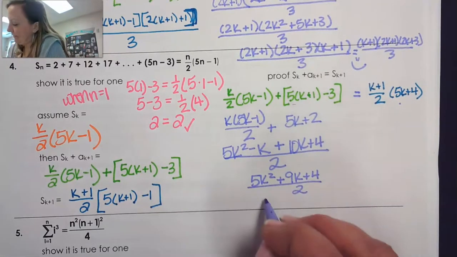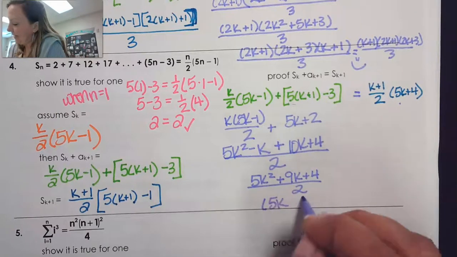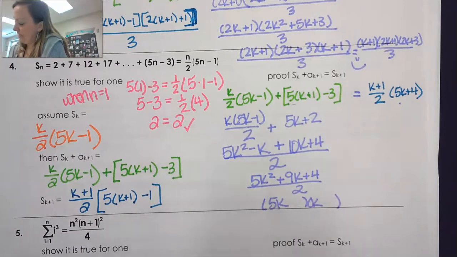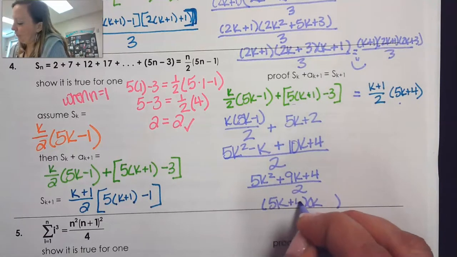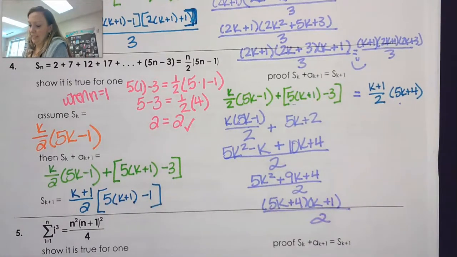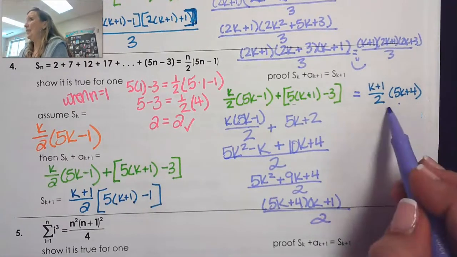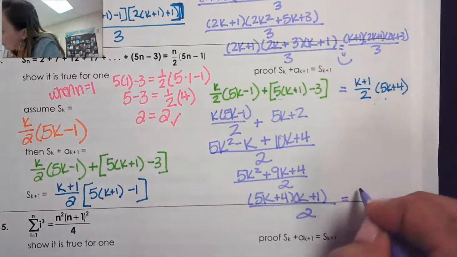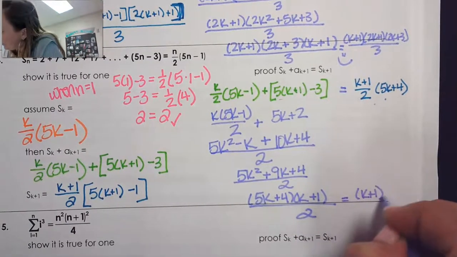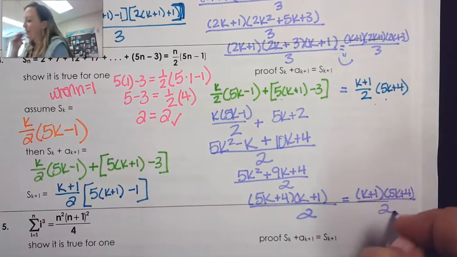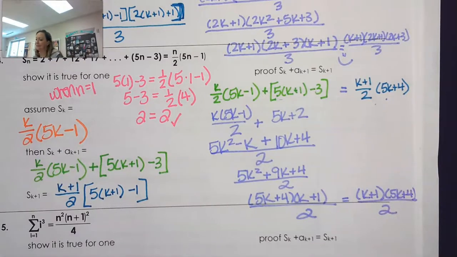And then how does that factor? 5k and k. I could do 4 and 1. And that really does match what this was, doesn't it? So I'll just write it like this, k plus 1 and then 5k plus 4 all multiplied together over 2.